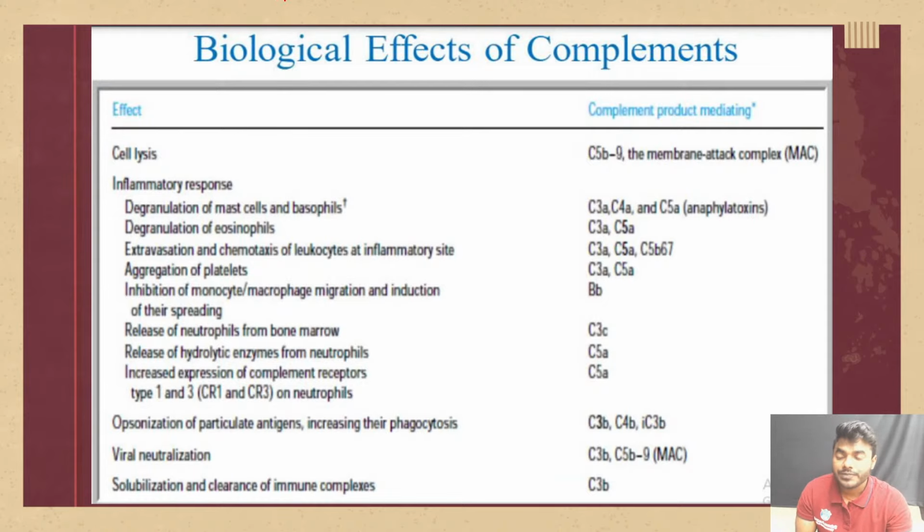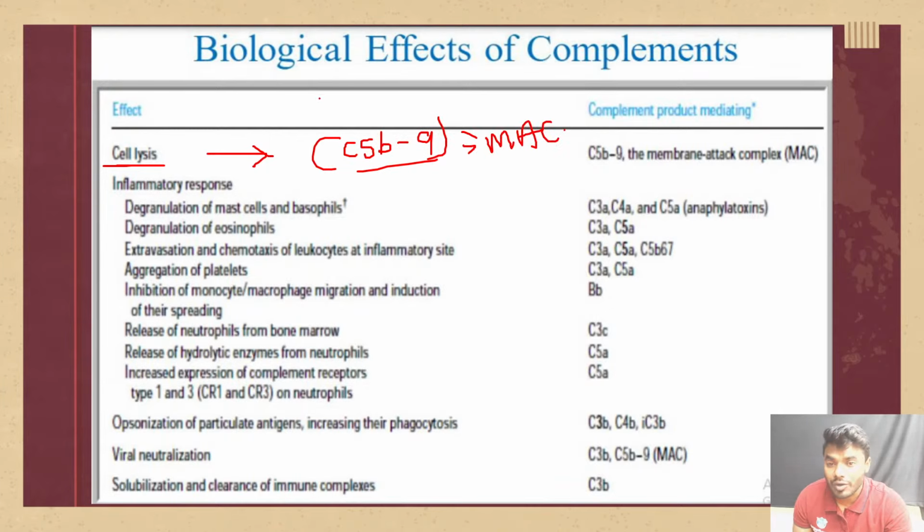So the first one: which complement molecule or complex is involved in the complete lysis of the cell? We can call it C5b29. C5b29 is the one required for the MAC complex.